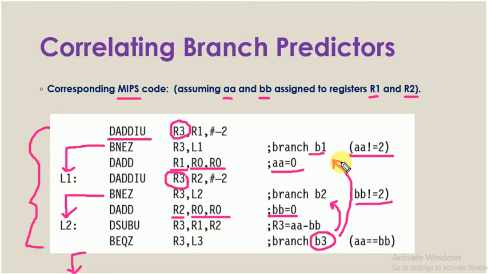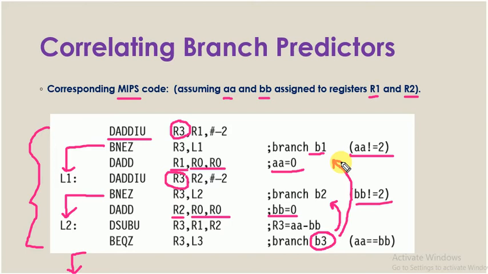Here, for predicting the performance of a branch operation, it is considering the behavior of some other branches also executed before the current branch.